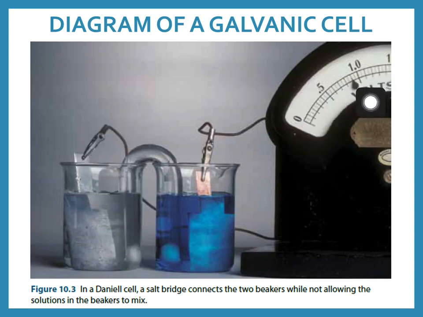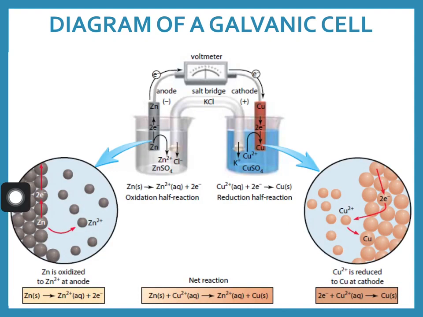A voltmeter only measures the voltage or the difference in potential between the 2 electrodes. So there's not electricity being added through a power source. There's not a battery. That would happen in an electrolytic cell. Here, this is just measuring what voltage there is between those. And then there's also a tube here called a salt bridge, and we'll get into that in the next diagram.